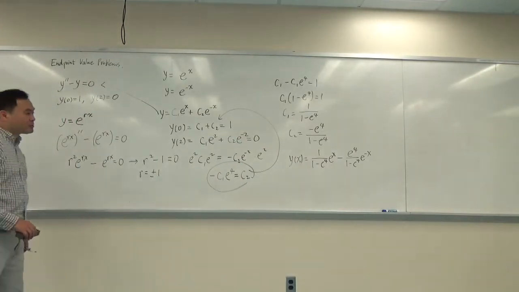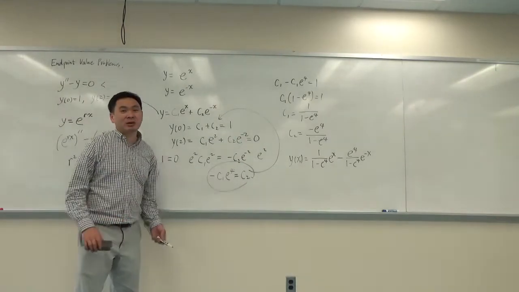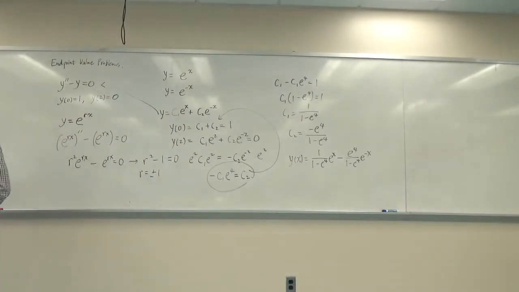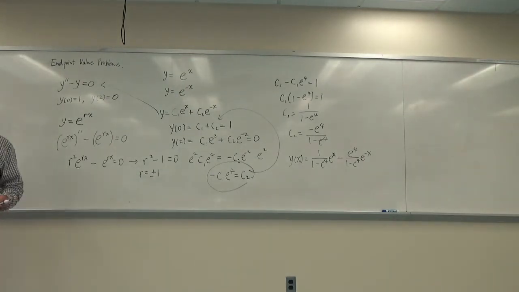So apart from these nasty e to some powers, this question seems very similar to what you've done in the ODE class, the initial value problems, where if you have y prime of 0 given and y of 0 given, then you can solve, you get an answer. It's very similar.